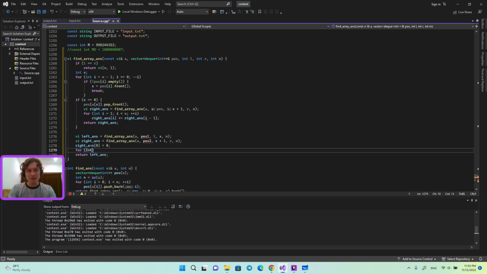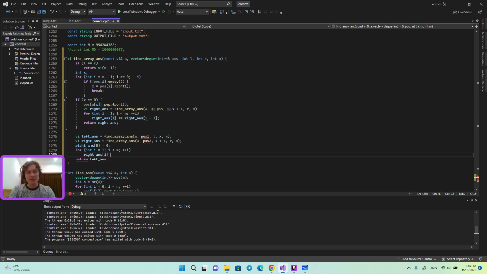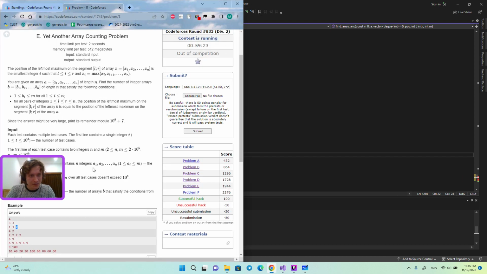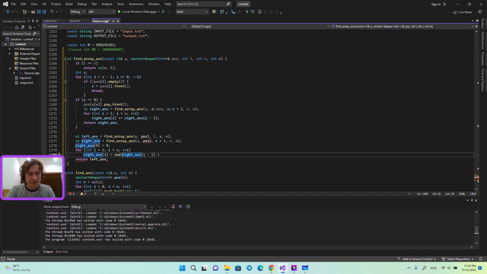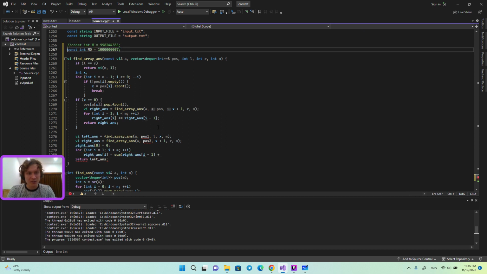Now I iterate over all numbers. So what is the number of ways to make right ans I, to make the number at most I? First of all, it can be I minus 1. Also, this can be I. What is the modulus? Modulus is 10 to the 9th plus 7.